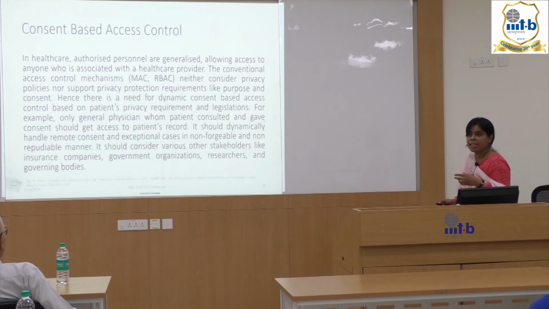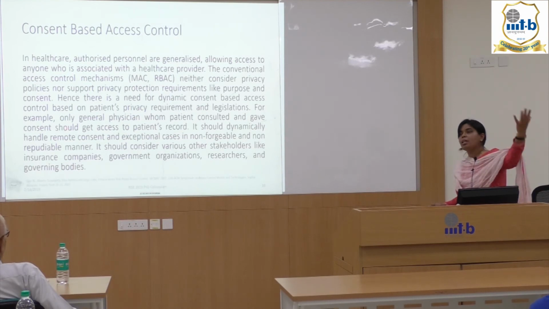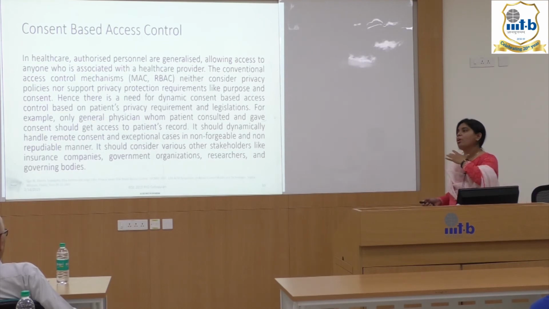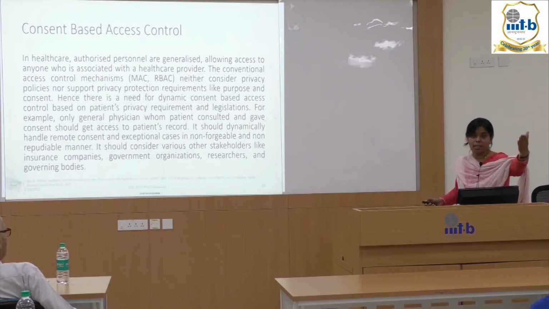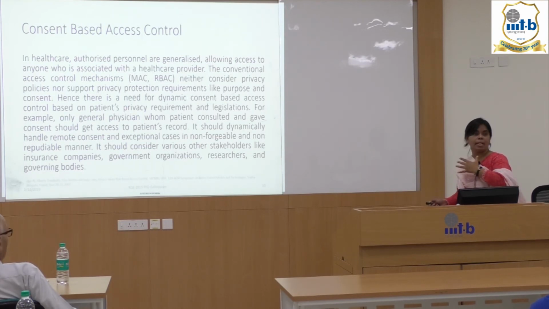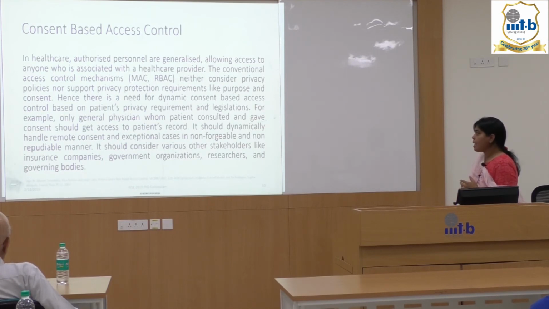It should also dynamically handle remote consent, because ours is a distributed system. Say a patient has his record in hospital A, and now he has gone to seek a second opinion in hospital B. Here there is a need for remote consent to be sent to hospital A: please send my records for second opinion to hospital B. So there is a need for remote consent and exceptional cases, and these have to be done in a non-forgeable and non-repudiable manner.